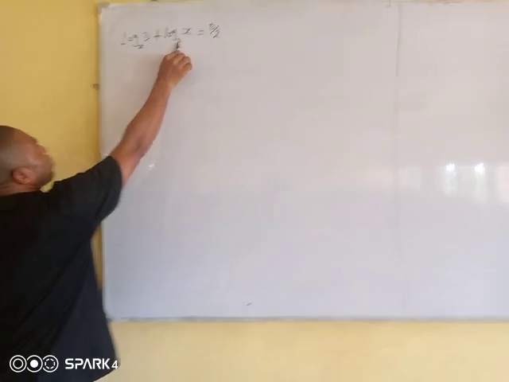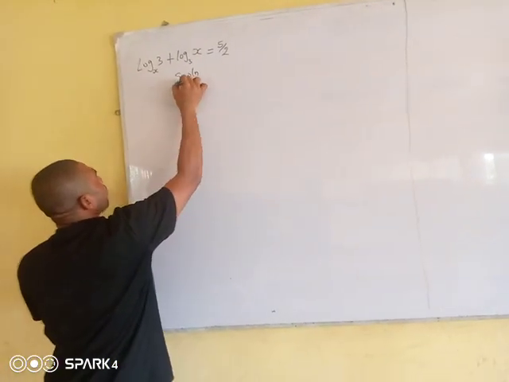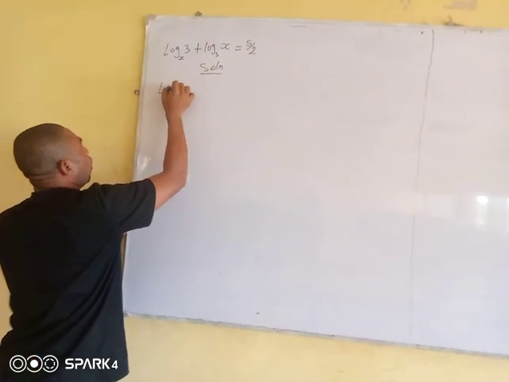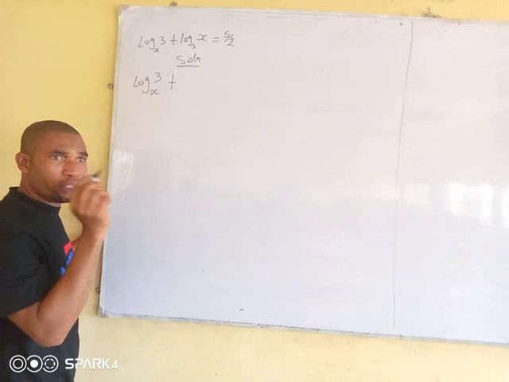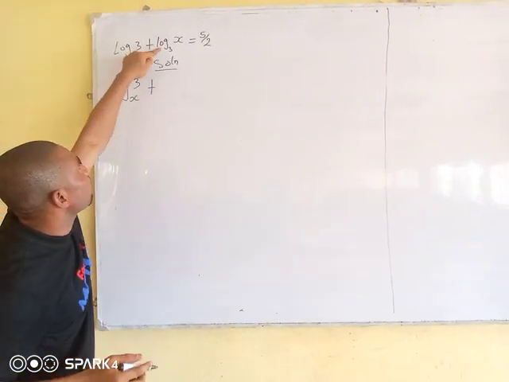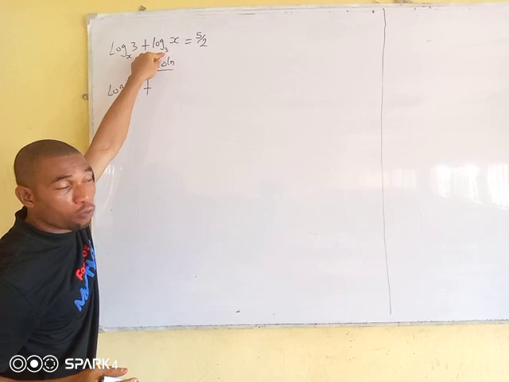Let's change this now to base x. From here, solution, I'm going to have log 3 base x plus. Now remember, I want to change this base to base x from the law of logarithm.